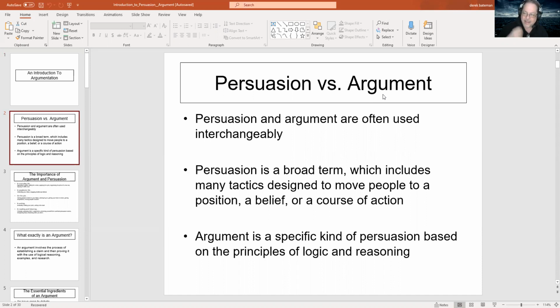Right? Remember, anticipating objections to your argument, understanding oppositional positions vis-a-vis your argument. And you determine all that through the process of thinking, critical reading, critical thinking. They're often used interchangeably, but persuasion is this broad term.